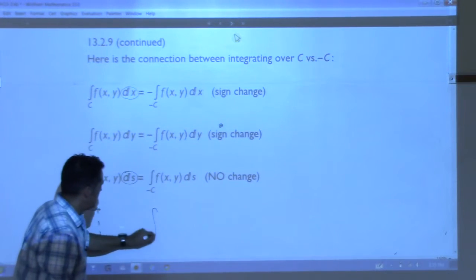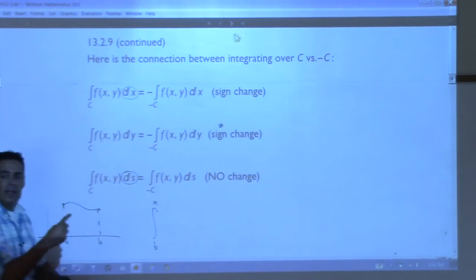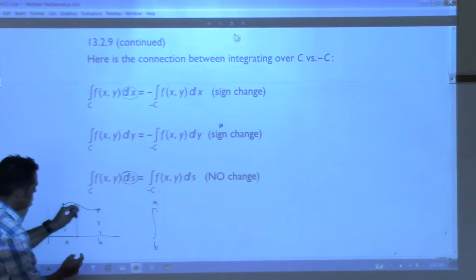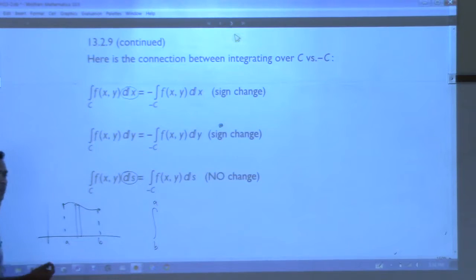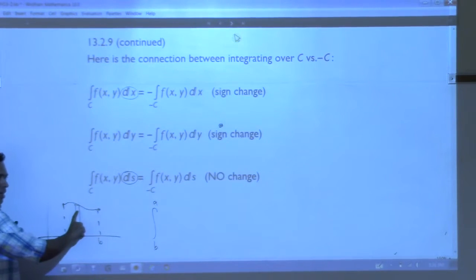But if we switch and go from B to A, instead of A to B, it gives the same answer but with the opposite sign. It's because our dx, the width of our rectangle, when we go backwards and do the subtraction, gives a negative number. So because you get a negative, it counts as a negative area.